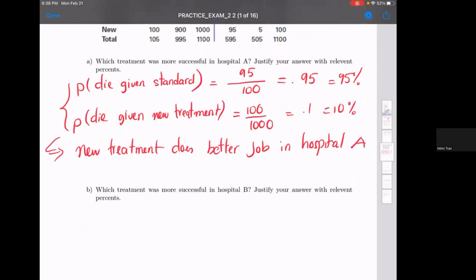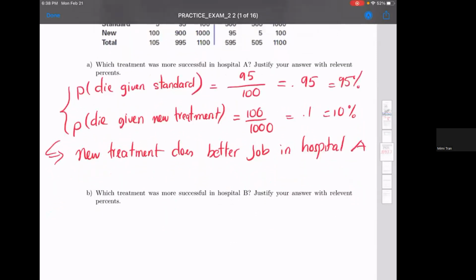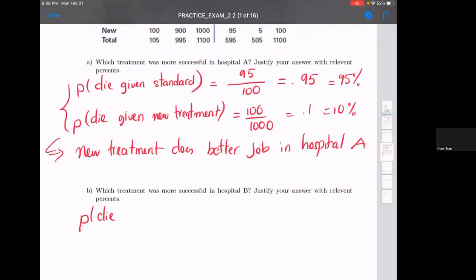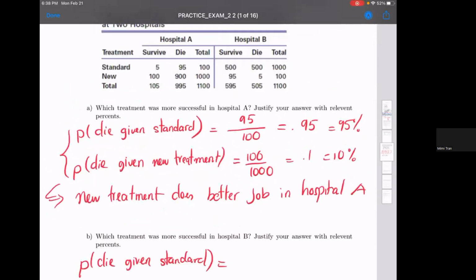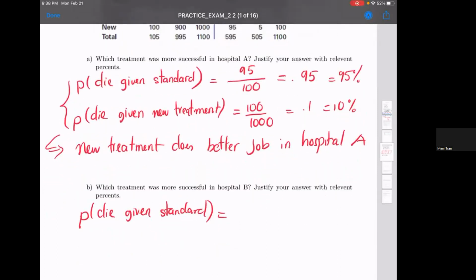Same thing. It's just now you do hospital B. So same thing. P of die given standard. Well, why don't you guys do that? I'll walk around.